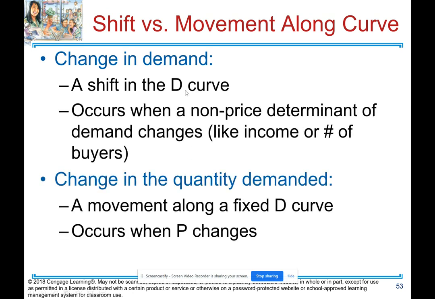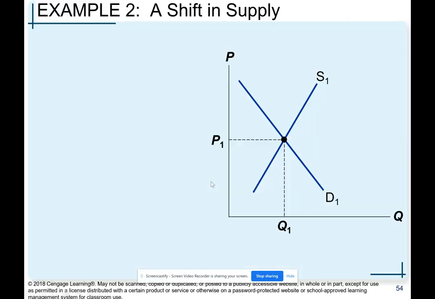A shift in the demand curve occurs when a non-price determinant of demand changes, like income or number of buyers. A change in quantity demanded, which is a movement along a fixed demand curve, occurs when own price changes.